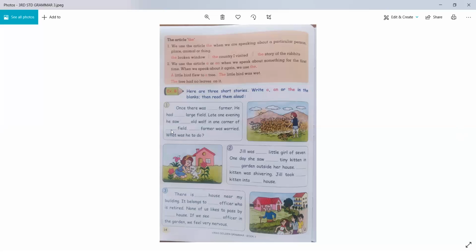Okay, now we will move to the next story. Jill was here. Second story. The name of this little girl is Jill.